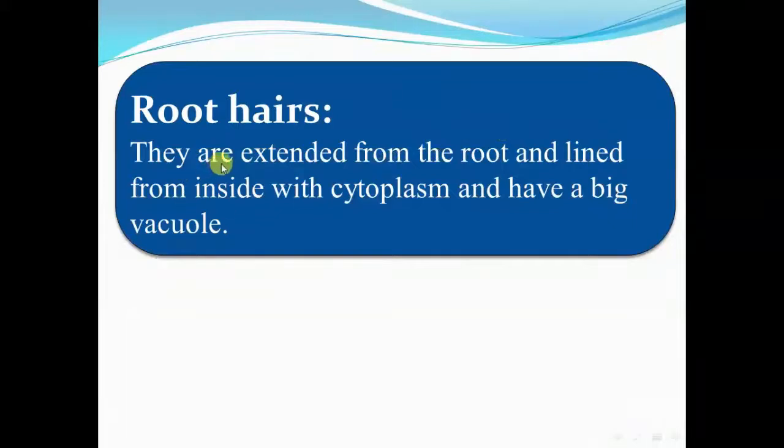Okay. From the roots, there is a small something extended from the roots. It's called root hairs. What are the root hairs? Root hairs extend from the root and are lined from inside with cytoplasm, and have a big vacuole.